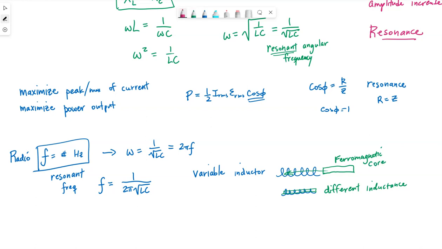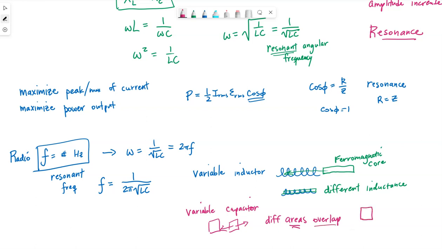You could potentially have a variable capacitor. That would most likely be plates where one of the plates can be moved back and forth so that different amounts of area overlap. When we talk about capacitance being directly related to area, the area we care about is only the overlapping area.